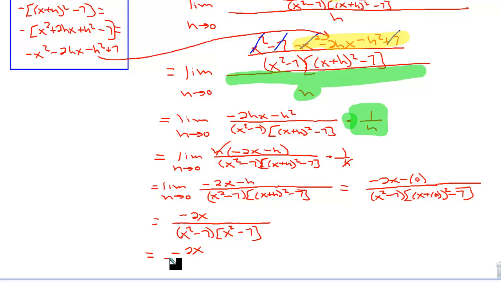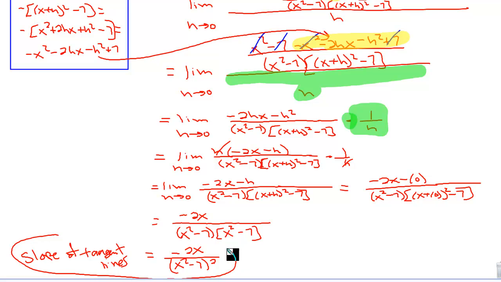It gives us negative 2x over x squared minus 7 squared. This is the slope of all the tangent lines. Can't lose track of what we're doing. We're finding the slope of the tangent.